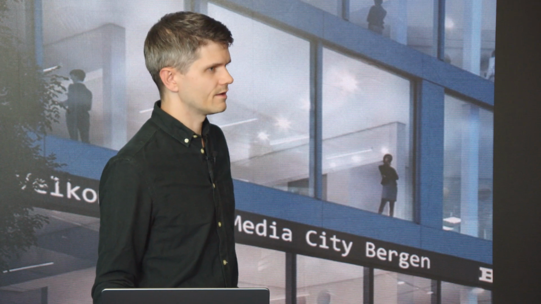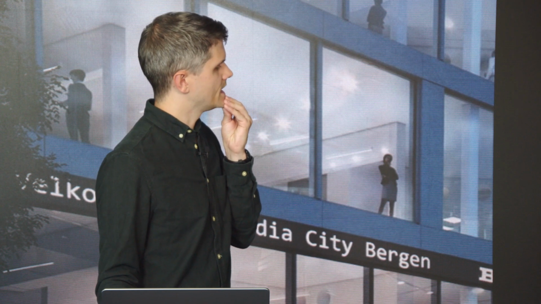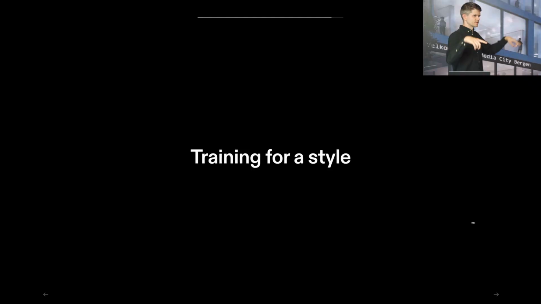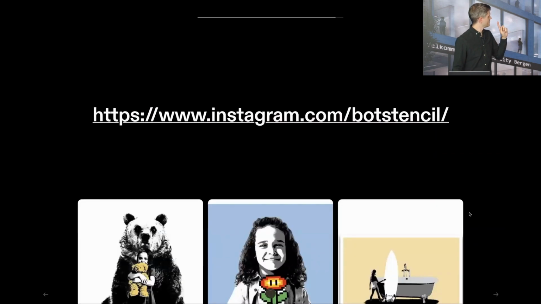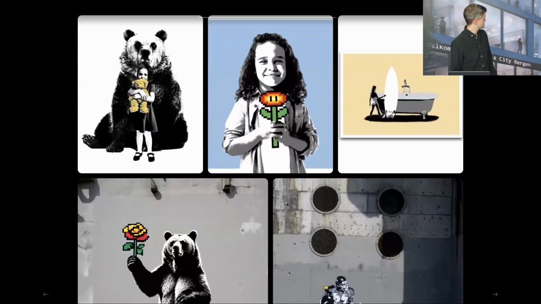I have a colleague, Ove, who's a designer at TV2, and he creates street art in murals, so these cool wall arts. I talked to him, and I was allowed to build a model based on his art. This is his Instagram, you can check that out. He has some pretty cool images out there. So I tried to build a model trained on these images that he created.